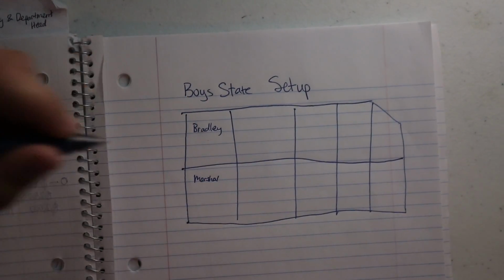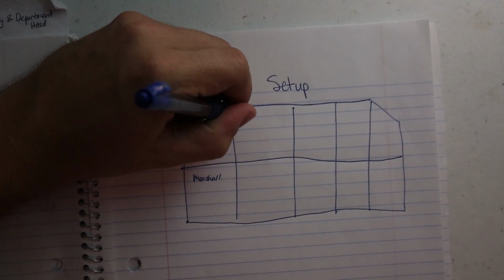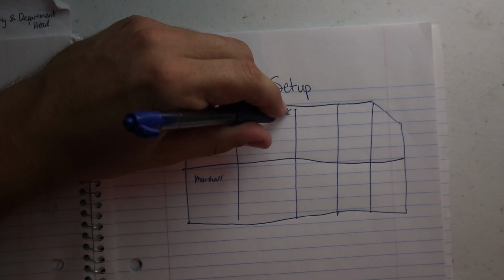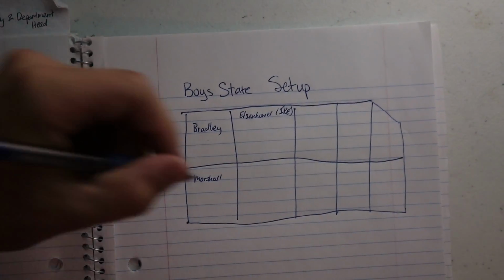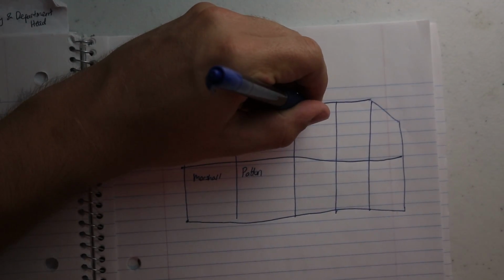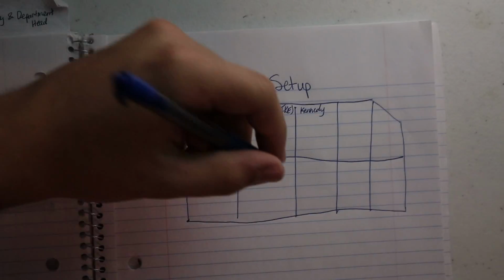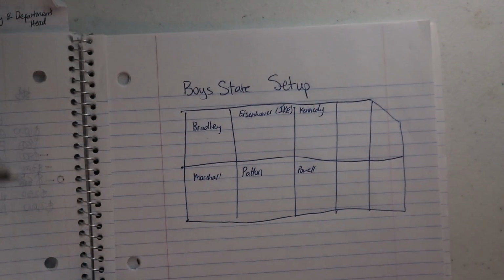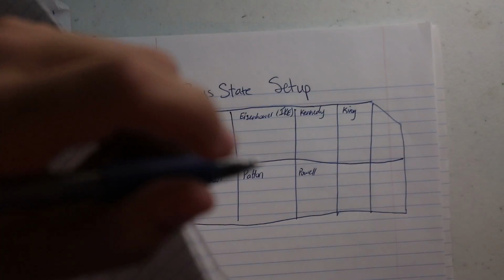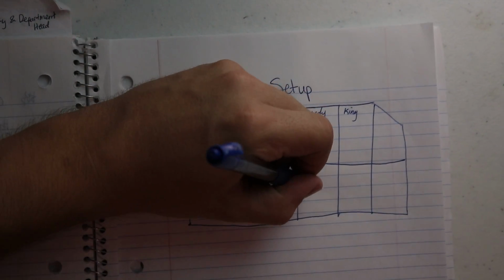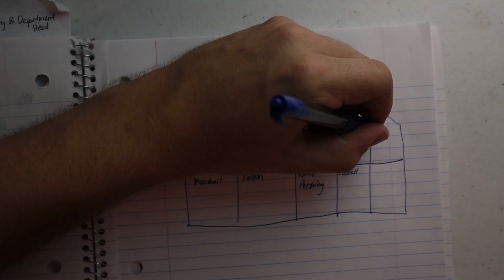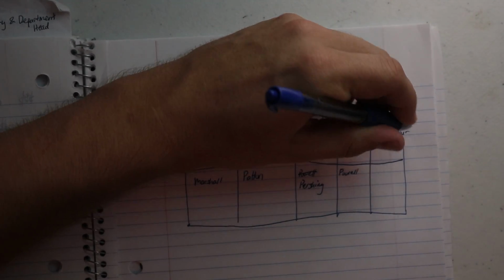Marshall, Eisenhower, Patton, Kennedy, Powell, MacArthur, King, Pershing, and Seitz.